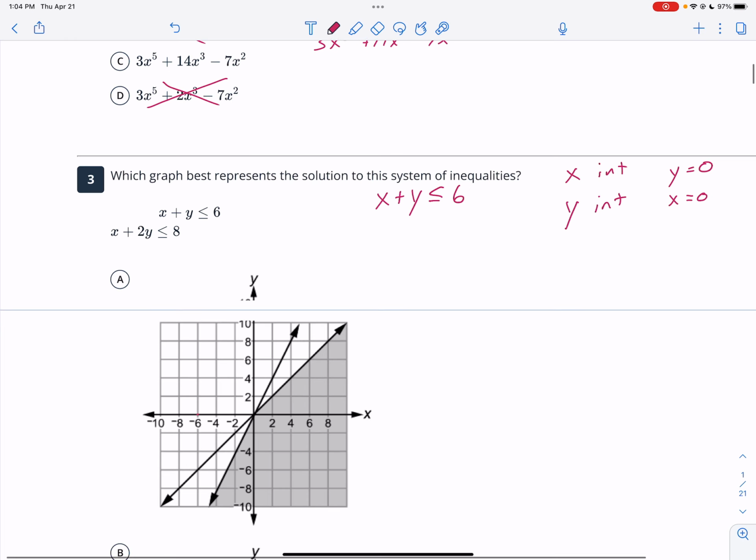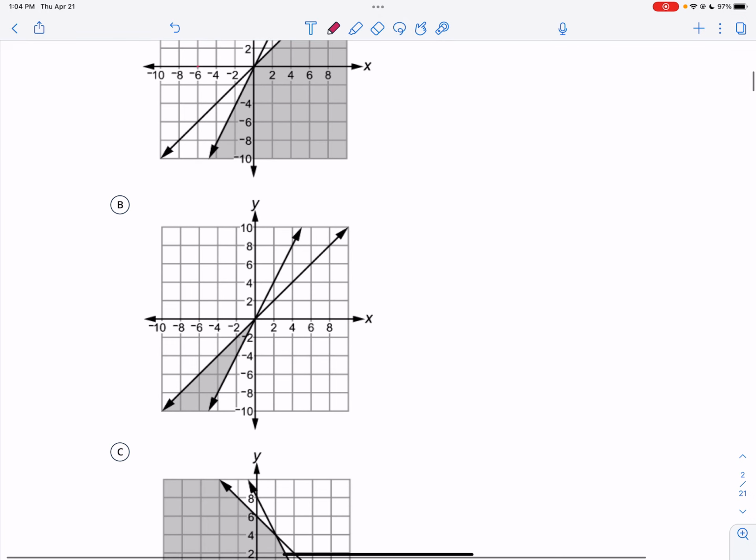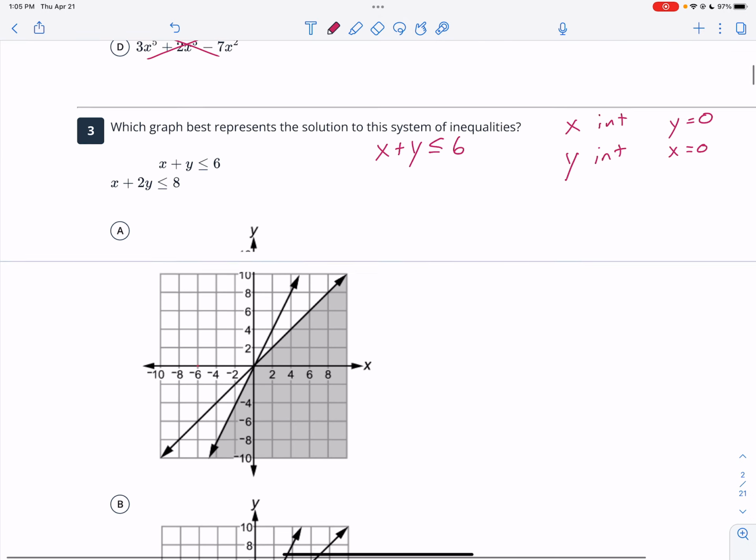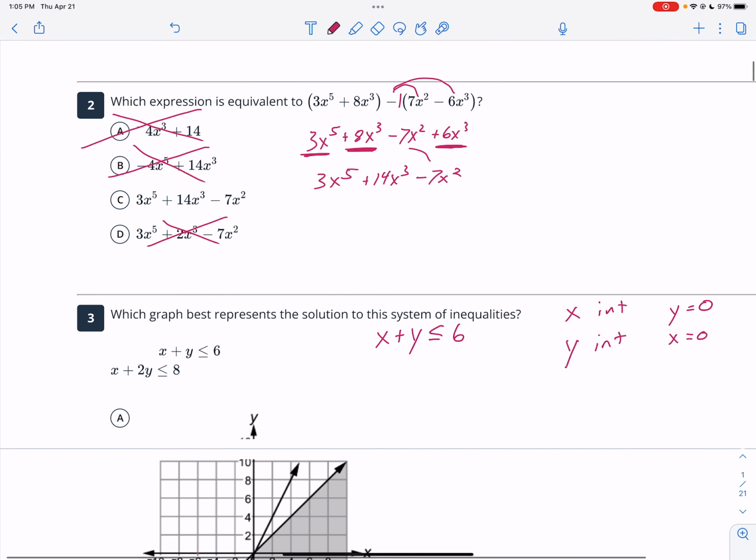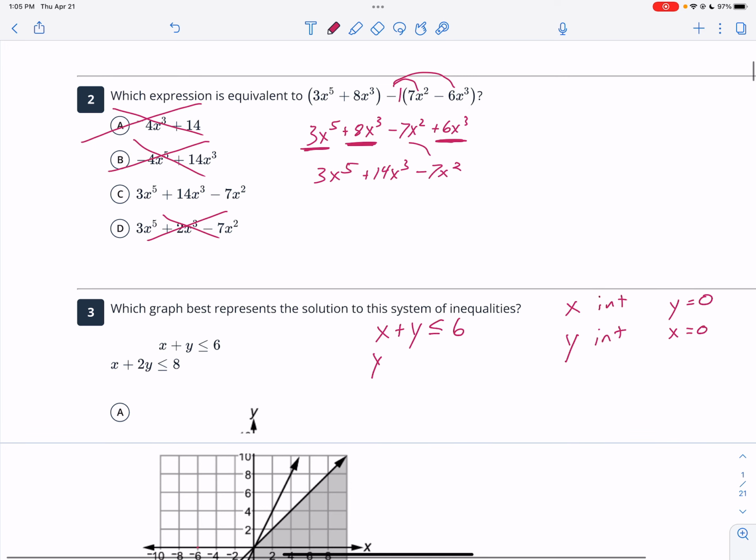But either way, when I look at this first inequality, when x equals 0, for just the intercept, it's only going to be 1 point where it hits that. So y is equal to 6, okay?